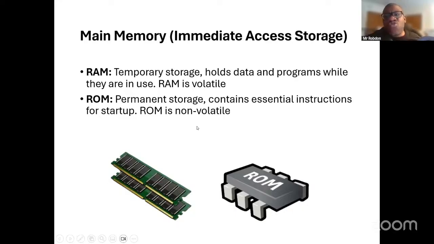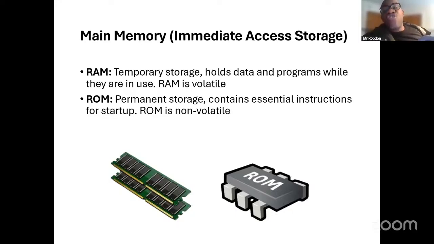Right now, you have Zoom open, whether that's on your phone or on your laptop. The reason why it's on the screen is because of RAM. If you never had RAM, it would just close, right? RAM is the thing that is needed to hold the data or the program that is currently in use.